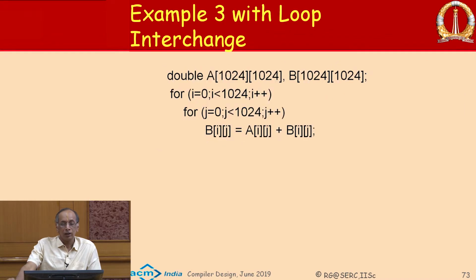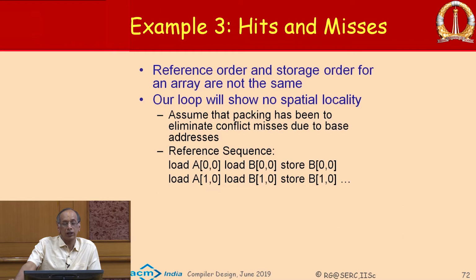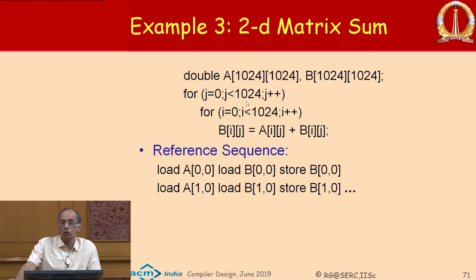So, you remember the earlier program was something like this: for j is equal to 0 to 1024 and then i is equal to 0 to 1024, and you are accessing A of ij. That was the problem. If I had switched these two loops, then my accesses would have been to A00, A01, A02 and so on, and in that case I would have had a 75% or more kind of hit ratio.